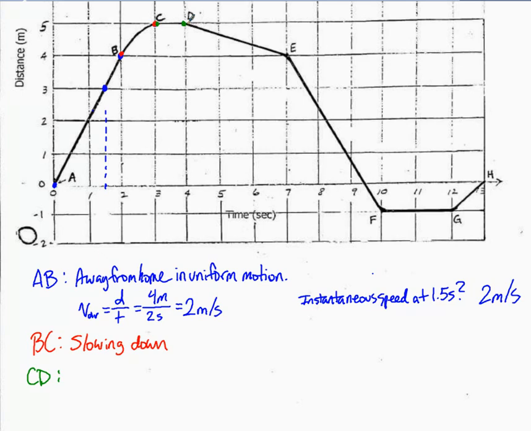It was a horizontal line with a slope of 0. What this tells us is that we are stopped. And we even know how long we've stopped for. We are stopped from here to here, which is 1 second. We've stopped for 1 second.